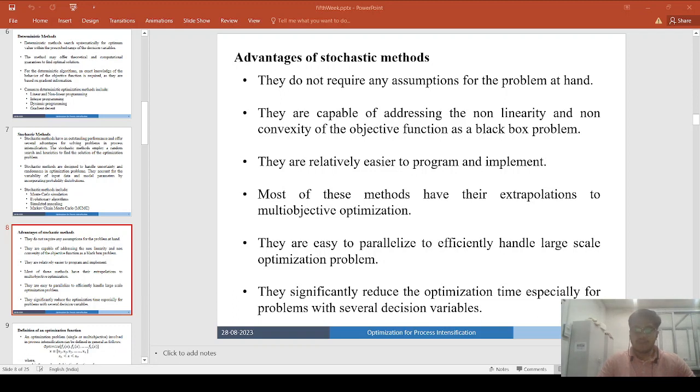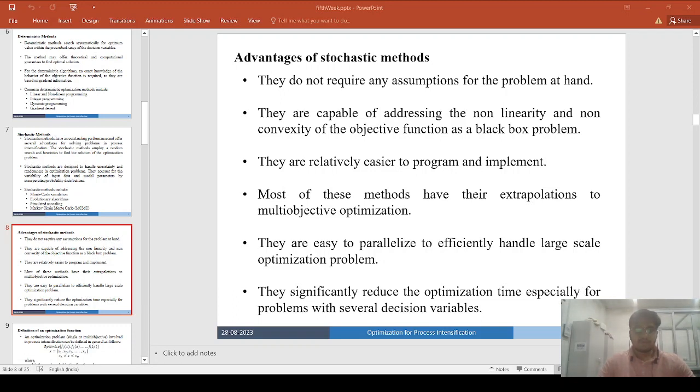They are capable of addressing the non-linearity and non-convexity of the objective function as a black box problem. They are relatively easier to program and implement. Most of these methods extend to multi-objective optimization. They are easy to parallelize to efficiently handle large-scale optimization problems. They significantly reduce the optimization time, especially for problems with several decision variables.